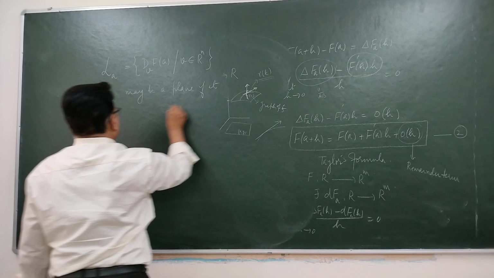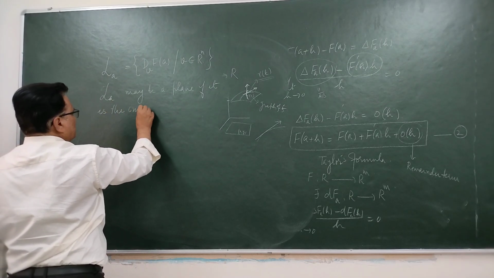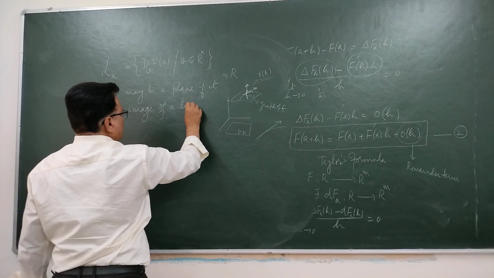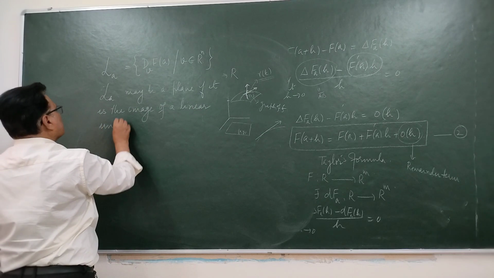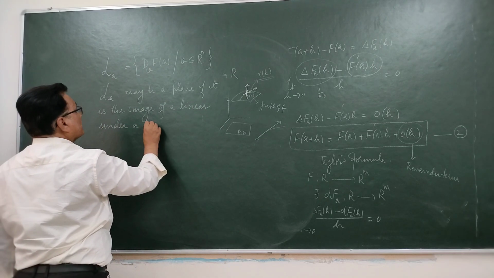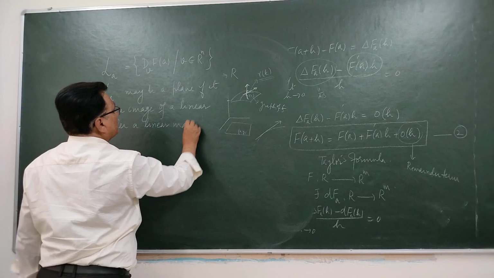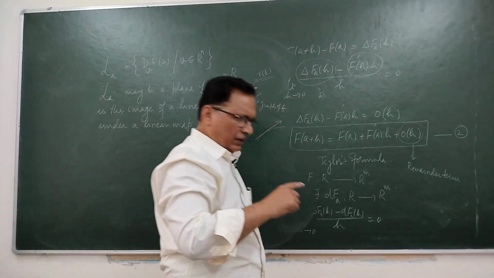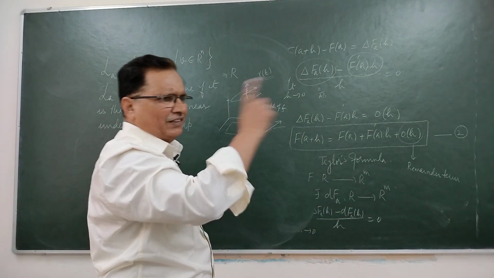If it is the image of a linear space under a linear map. The image of a linear space under a linear map is linear.